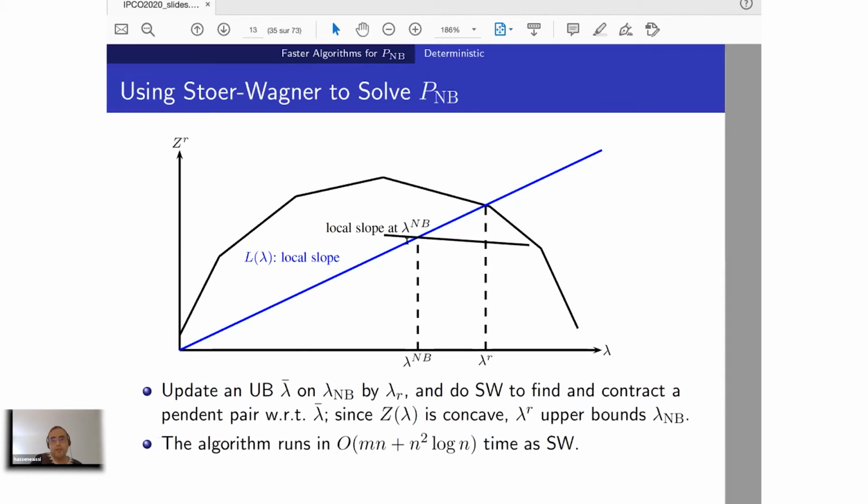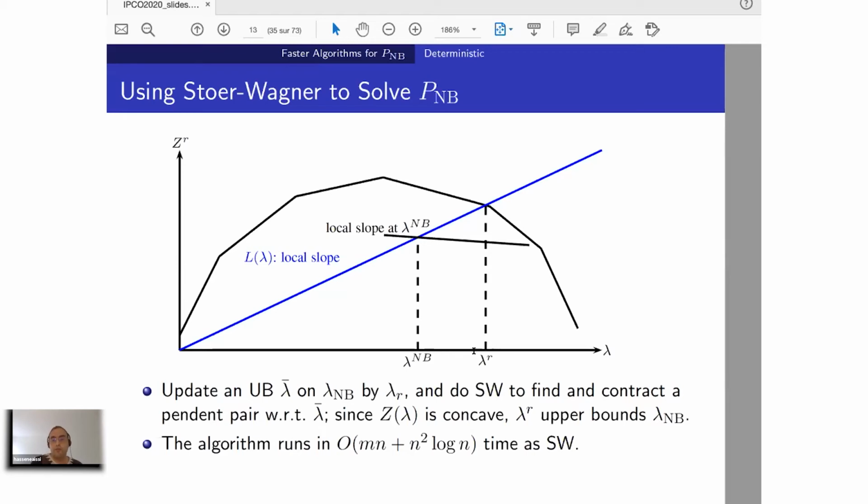And so by using the concavity of this function, if we compute the maximum adjacency ordering of the Stoer-Wagner algorithm using the cost defined by this lambda r, we get at the end a pendant pair, and we can show that either the last node Vn defines the cut associated to the next breakpoint, or we can contract this last pair without losing any cut defining the next breakpoint.